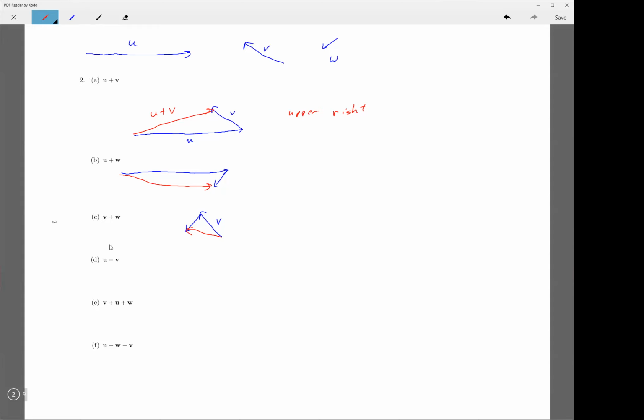Okay, and then U minus V. So here's U. Now we're going to subtract V. So instead of going this way, when you subtract, you go the opposite direction. So it's going to be like that. That would be negative V. And then the result's going to be like that.